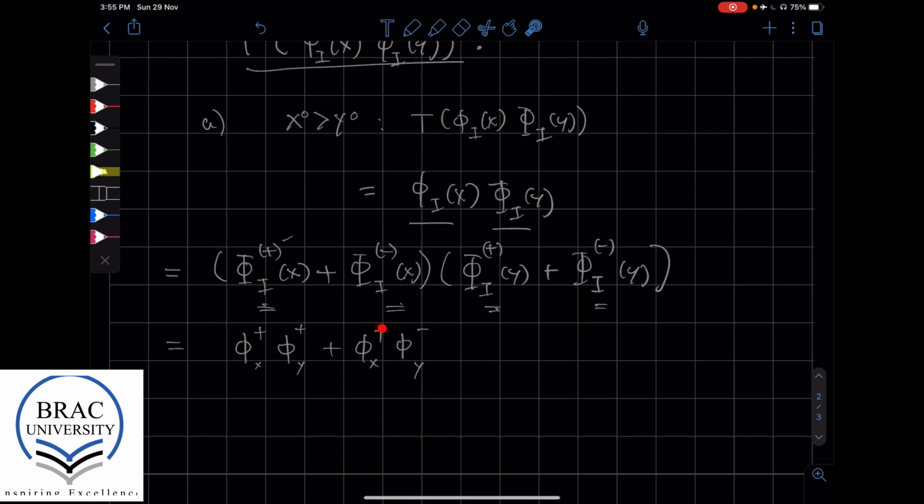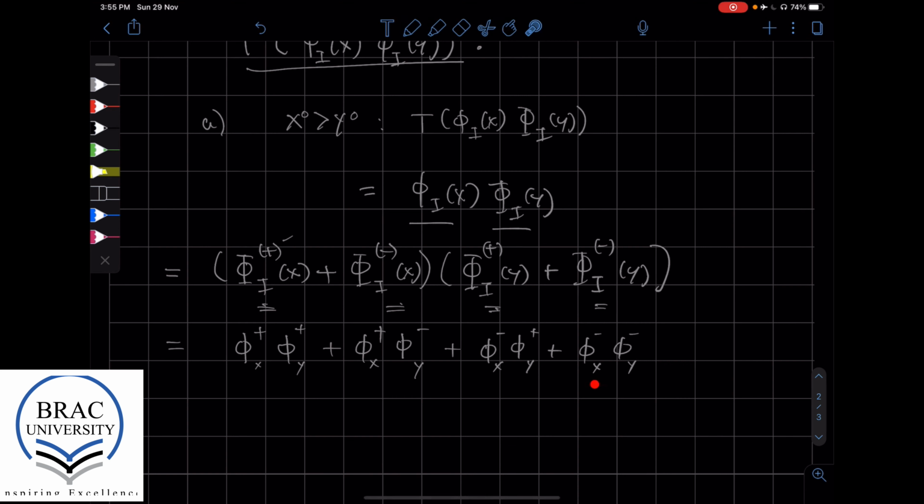Be careful, this is a plus, not a dagger. And then we have phi x minus phi y plus, and then I have phi x minus phi y minus. So now we have four terms.